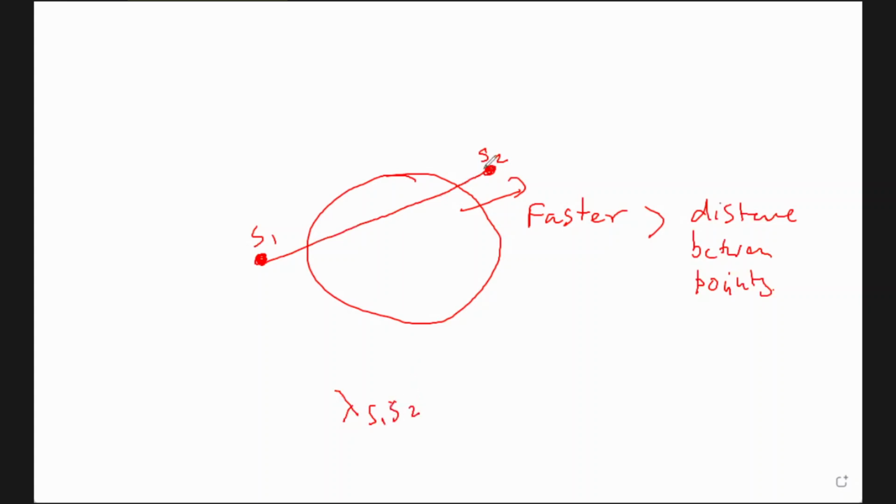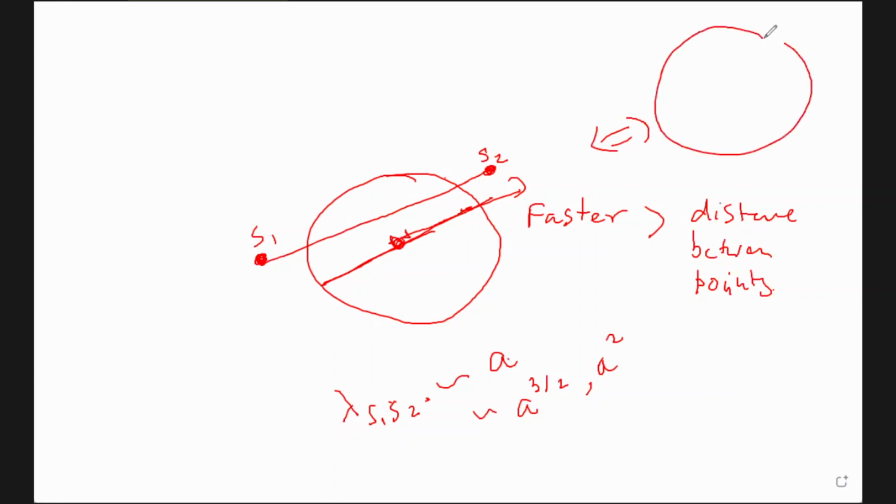But as the universe expands, this goes as A, whereas the horizon size goes as a to the power 3 by 2 or a square. So this one will expand faster than A. So after some time, if I wait, I will see that this distance between S1 and S2 has come inside my universe. Is it clear?